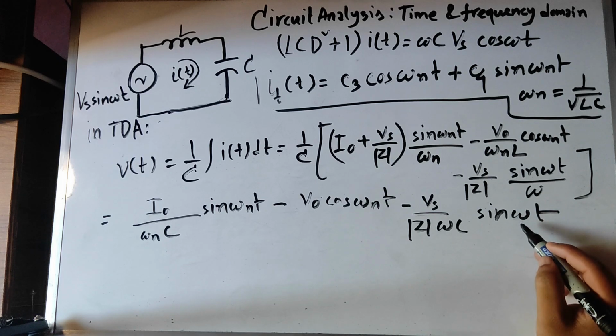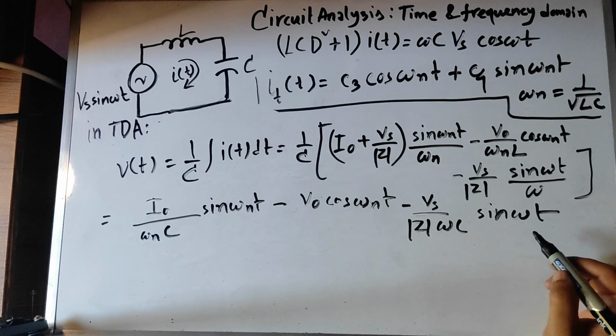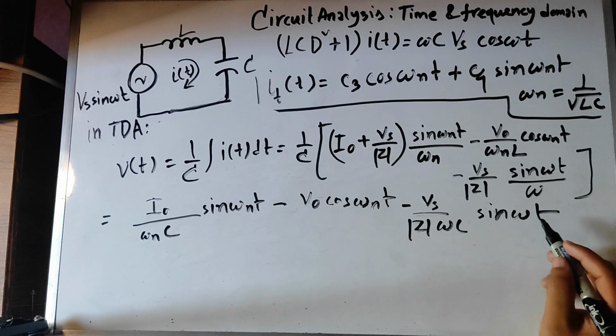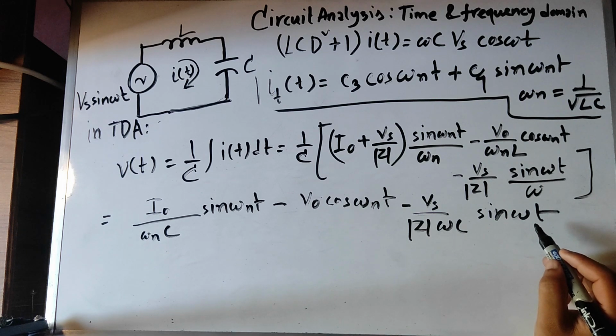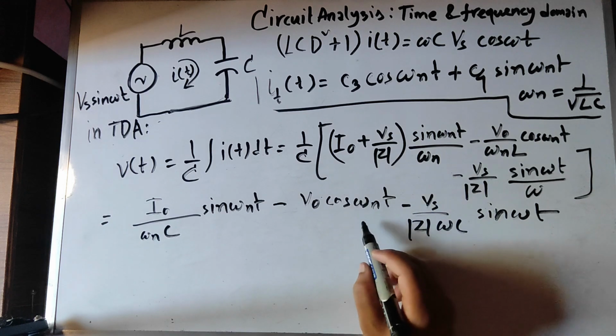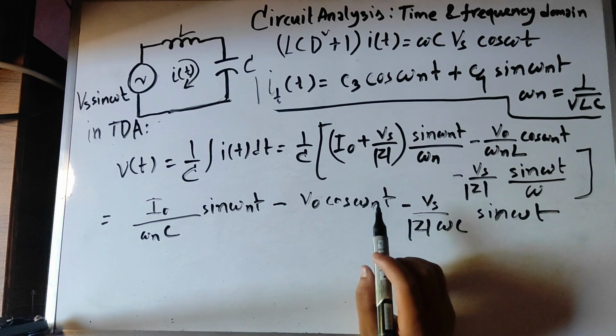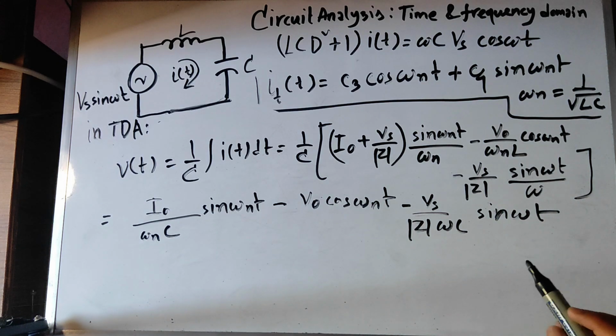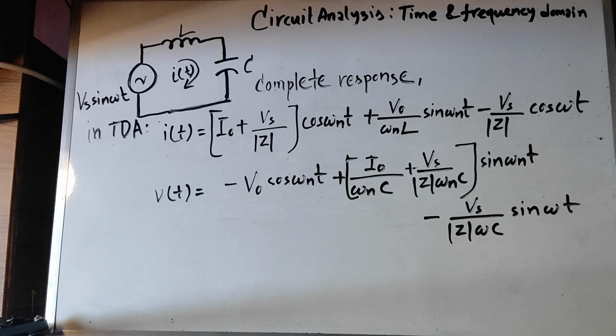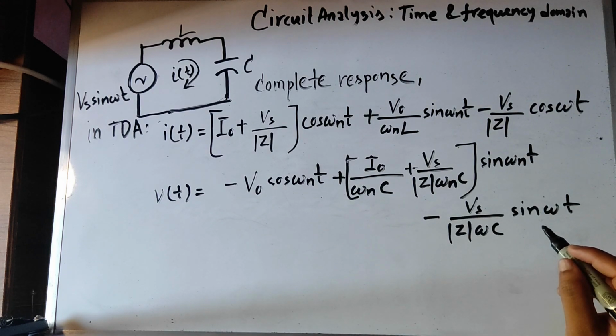So omega here, we have to be careful, is the forced frequency or the input frequency, and omega n is the natural undamped frequency of the LC circuit or the LTI system. So this is the complete response for the LC circuit in time domain.